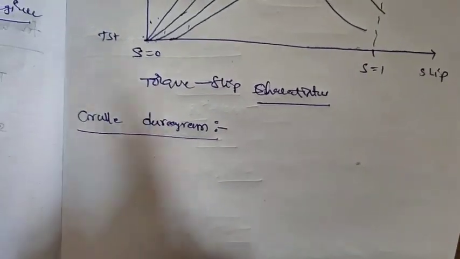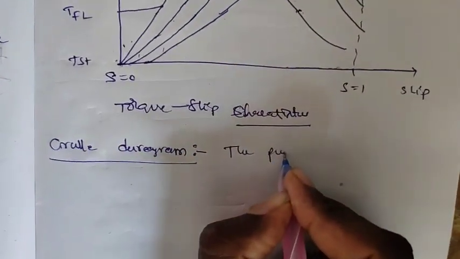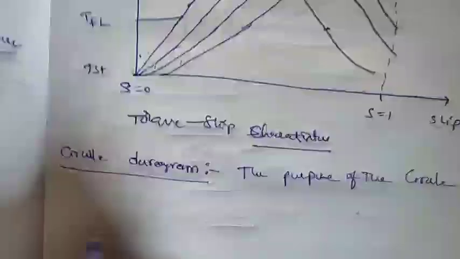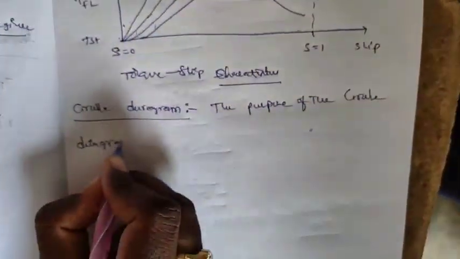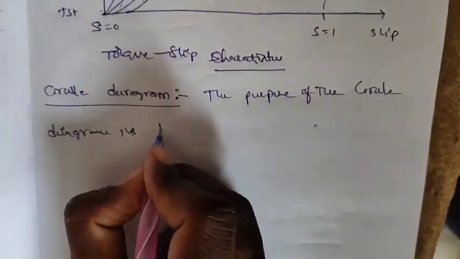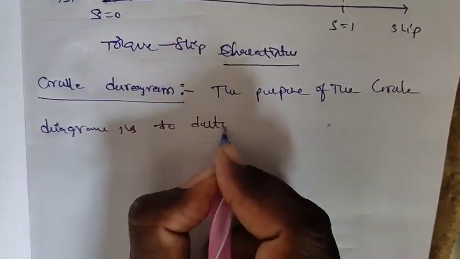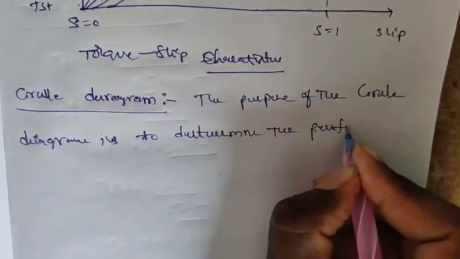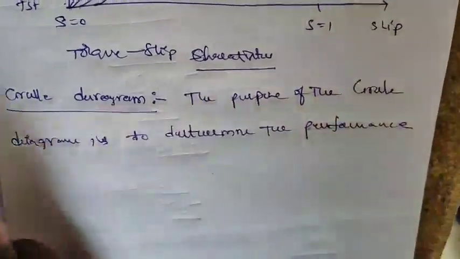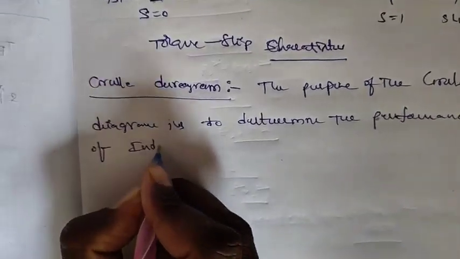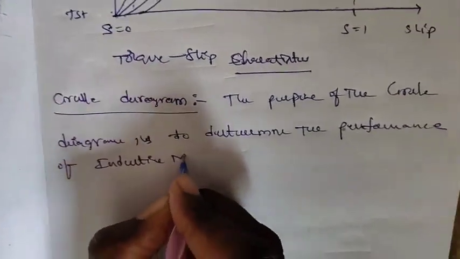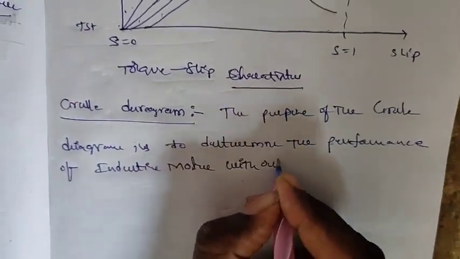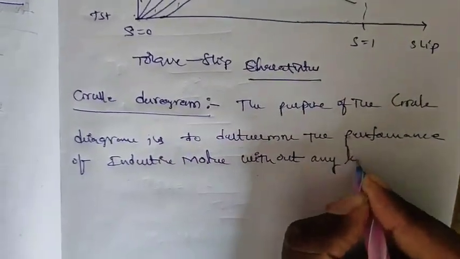The purpose of the circle diagram is to determine the performance of induction motor without any loading.